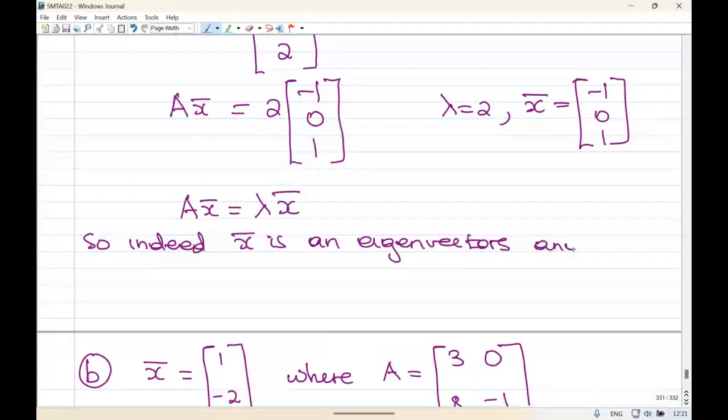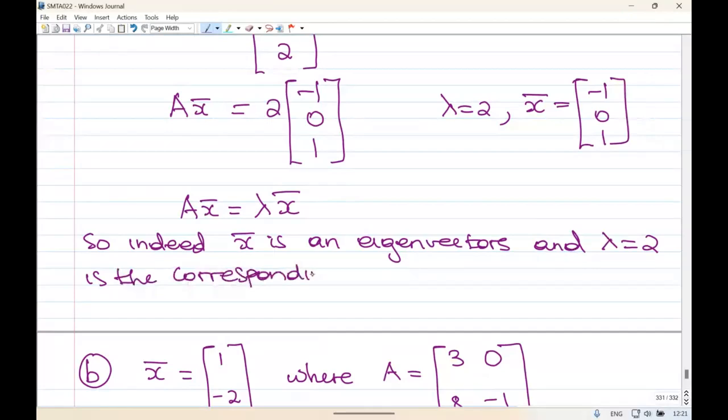And lambda indeed is equals to 2 is the corresponding eigenvalue.